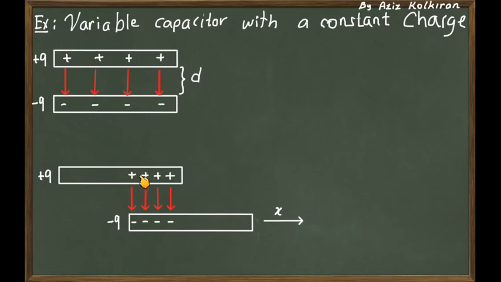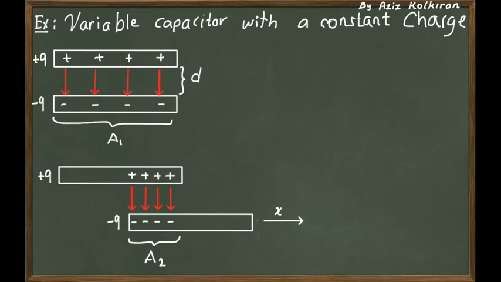They will collect on one region of the plates, and this region is the overlapping region. You see, in the initial configuration, all the area of the upper and lower plate overlaps if you look from the vertical direction. But when you slide, this overlapping region will change, and these charges will accumulate only on the overlapping regions.